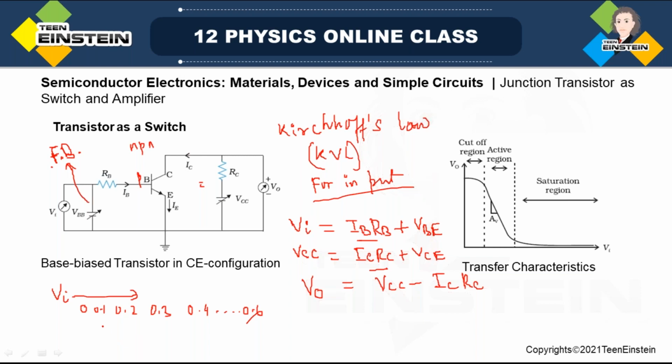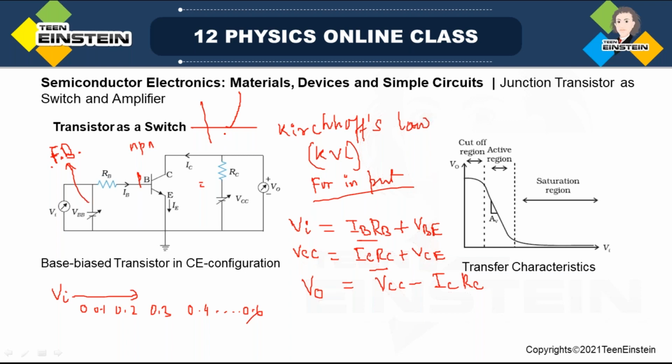In the beginning, what will happen? Until you reach greater than 0.6, the transistor is not going to conduct. Why? Because we know from input characteristics that there is a certain cutoff voltage. Below that voltage, there will be no current.